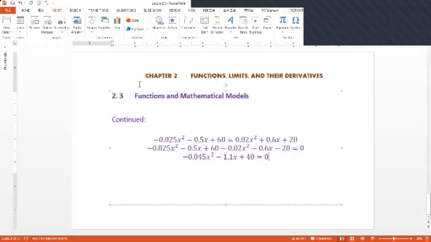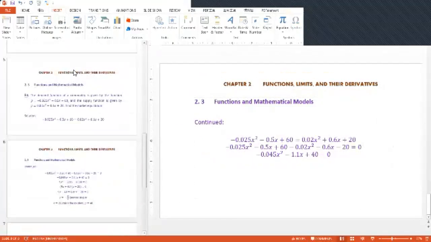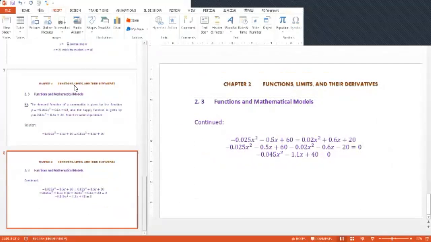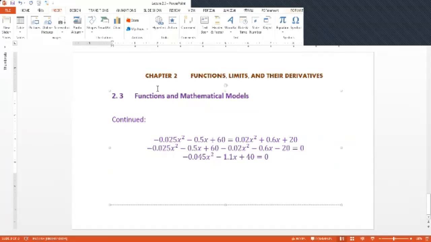So why don't we just multiply by some number, like 1000, to make all the numbers integers in this equation. Let me double check the equation and see if there's anything wrong with it. Oh, okay, looks right. Everything looks right. So we can multiply by 1000, but we don't have to do it.